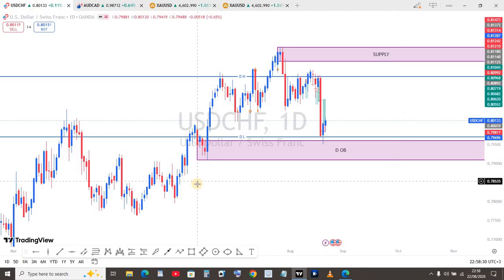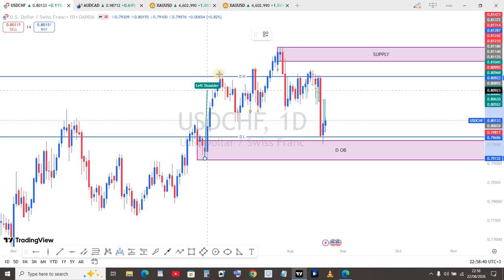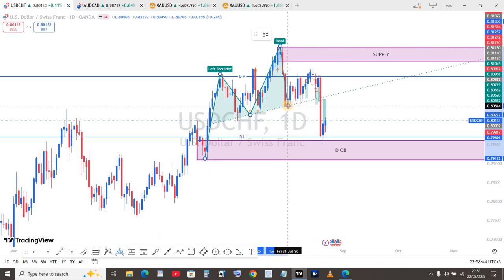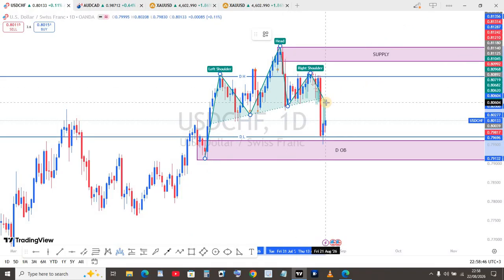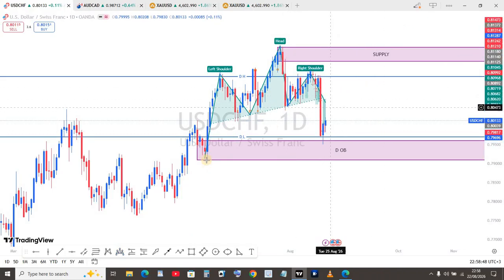This market has been in an uptrend, but the formation that we are getting here is a kind of bearish reversal. You can see that this is a head and shoulders pattern, and we have a neckline which has been broken.